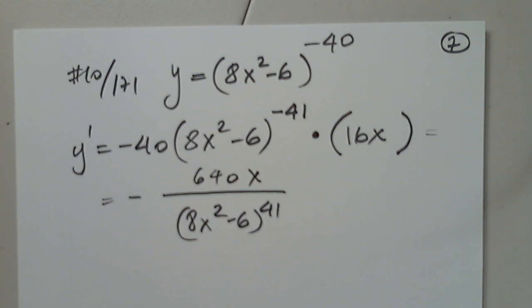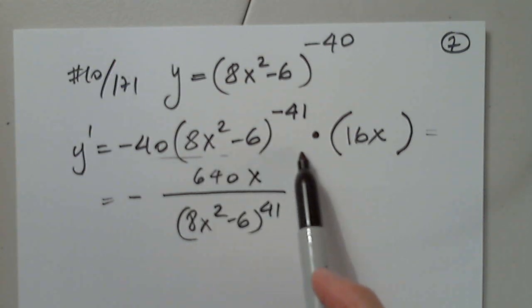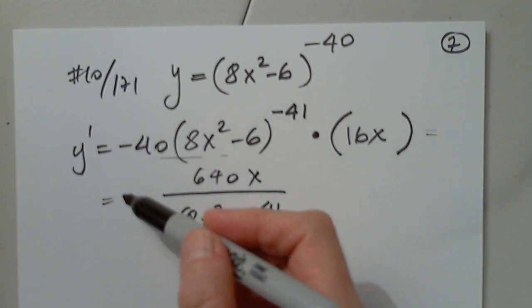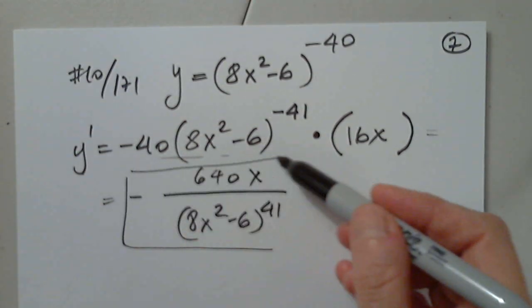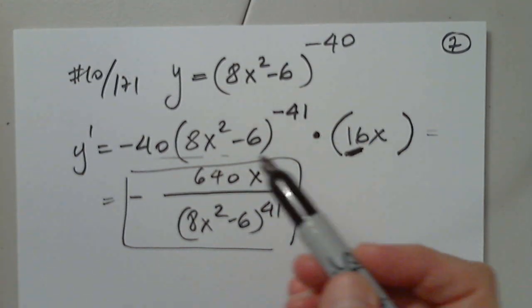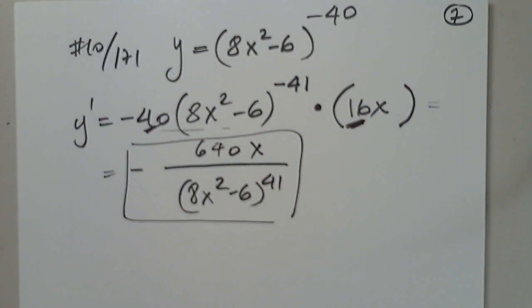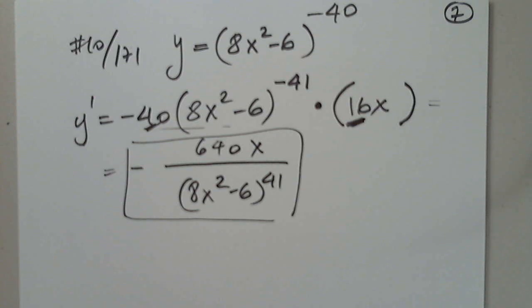But the second line is okay. That's full credit. If the problem says fully simplify next to it, then I would do this, or at least multiply 16 by -40, at least that, and put x in front. Good.